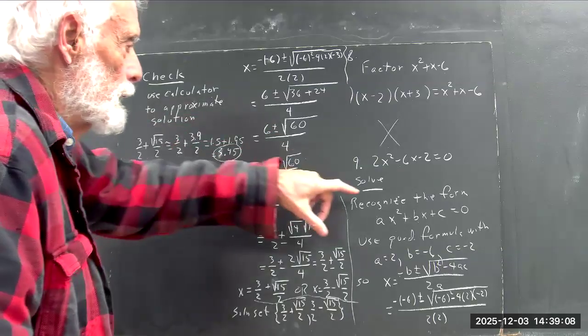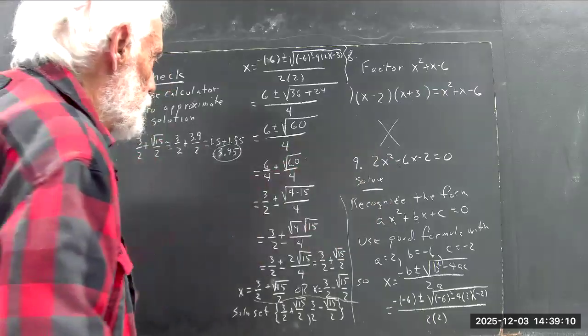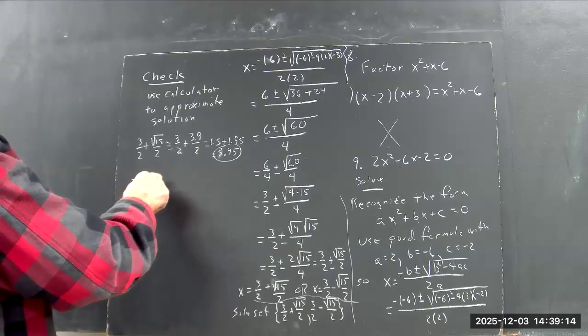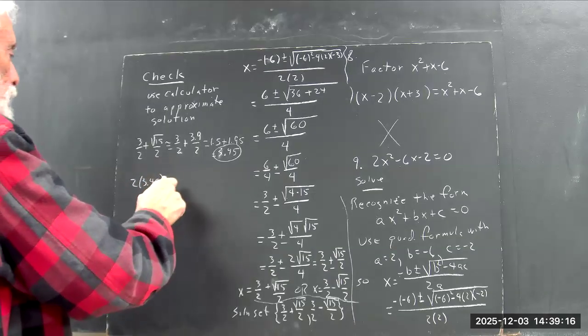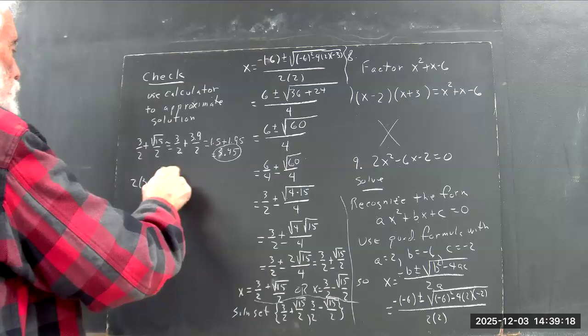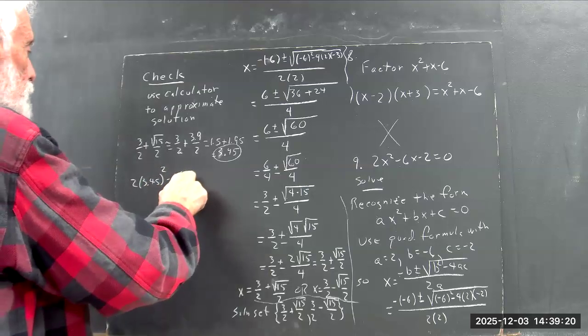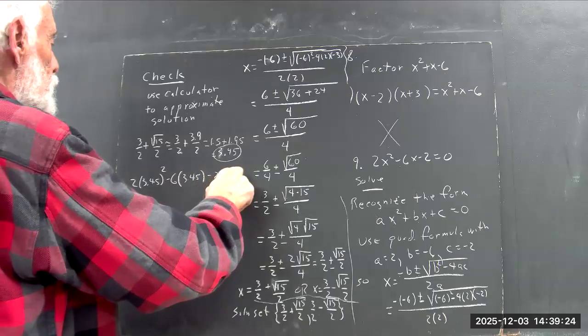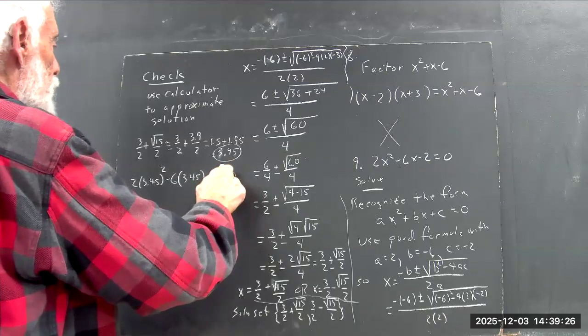You can plug that back into the equation and see if you get 0. Well, let's see, 2 times 3.45, and I'm doing this in my head, so I'm not going to be as accurate, that's squared, minus 6 times 3.45 minus 2 equals 0? Does that equal 0?